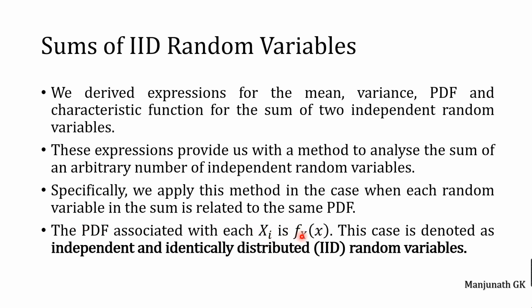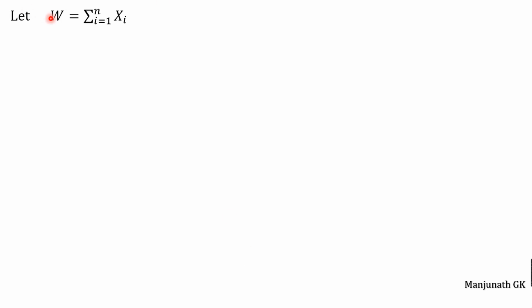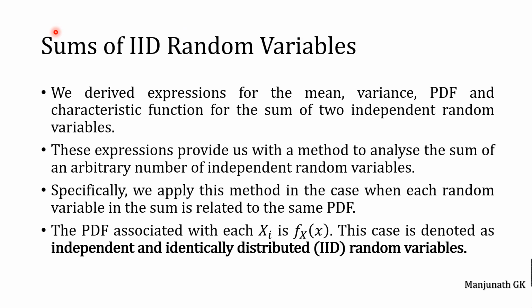We can take any number of random variables, assuming that the PDF of each random variable is the same. If that is the case, they are called independent and identically distributed random variables. W is a sum of n random variables, and the PDF of each random variable is the same, so they are called independent and identically distributed random variables.